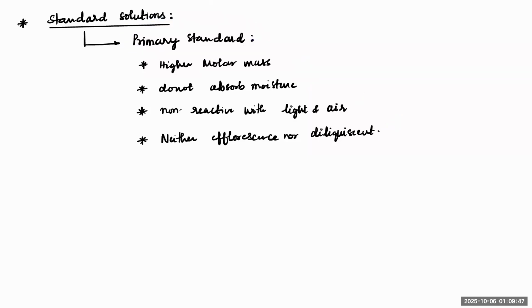Examples of what we mainly see as primary standards are Na2CO3, got it? K2Cr2O7, clear? Borax, which is Na2B4O7.10H2O.